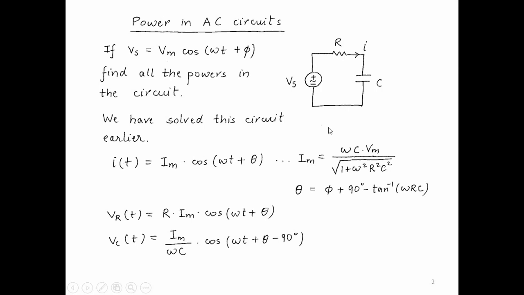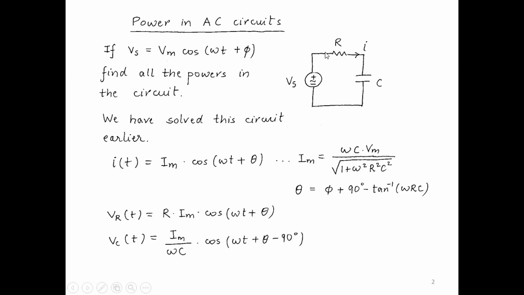Now we've solved this circuit before, so I'm not solving it again. I'm just writing the answers, the currents and voltages in this circuit, as we had derived before. It's quite straightforward, right? The current in the complex domain is Vs by (R plus 1 by j omega C), and then we can use that to find I, which turns out to be Im cos(omega t plus theta), where Im is omega C Vm by all this, and theta is this.